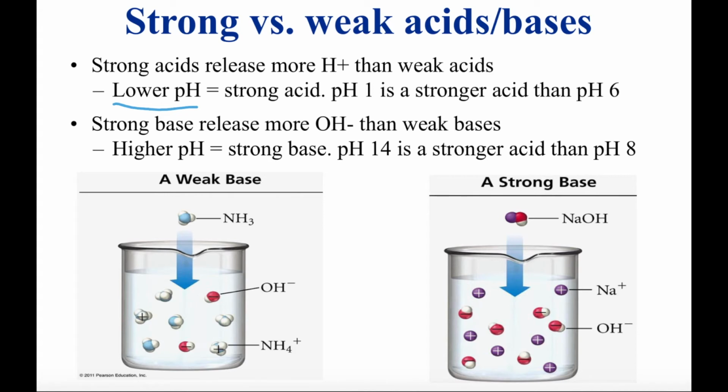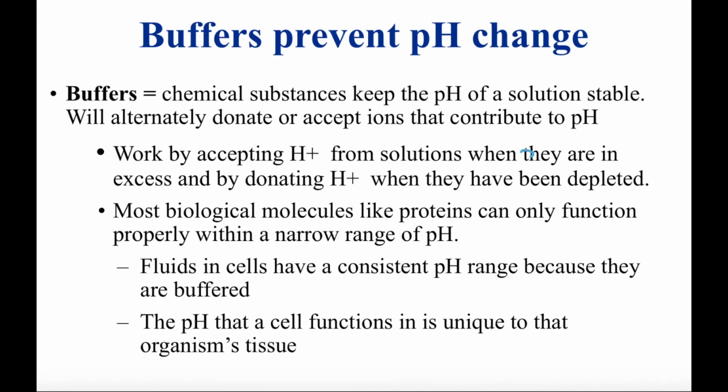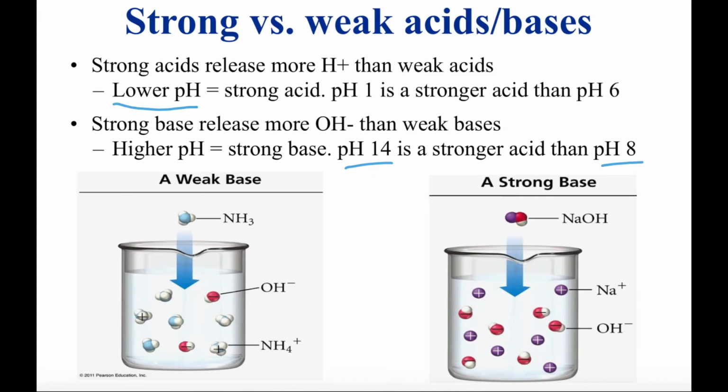And in terms of bases, a higher pH will give you a more basic thing. So the higher the number, the stronger the base, and the more OH, hydroxide ions it has. So a pH 14 is a much stronger base than something with the pH of 8. Sorry guys, I said acid there, it should say base. I'll fix that on the slides.